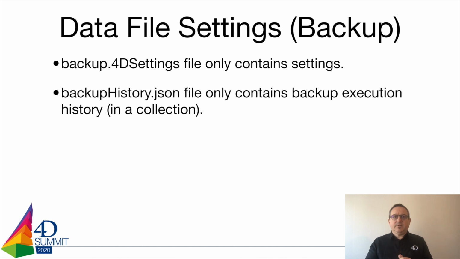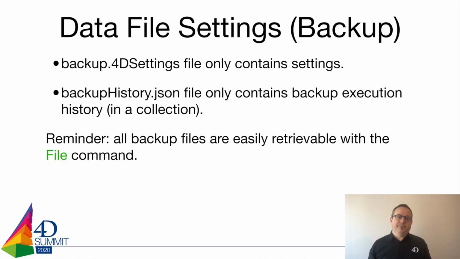The backup.xml file will be automatically converted when you use V18, and it will be named backup.4DSettings, but it's the file placed near the structure. So if you want to have settings related to the data, place the backup.4DSettings file in the settings folder near the data file.